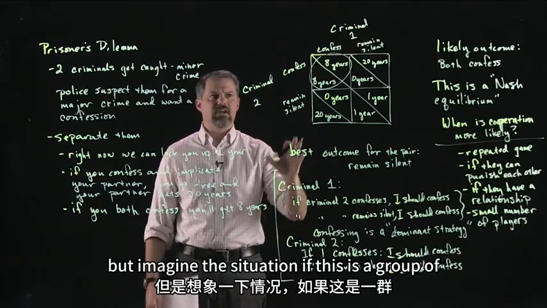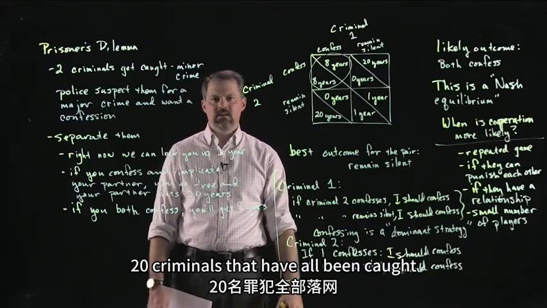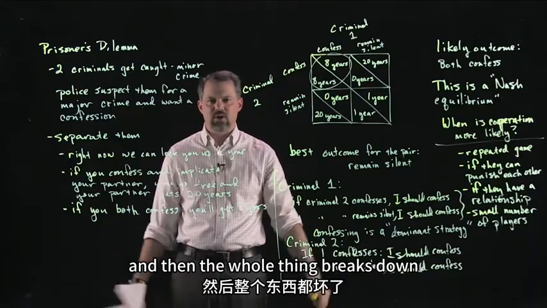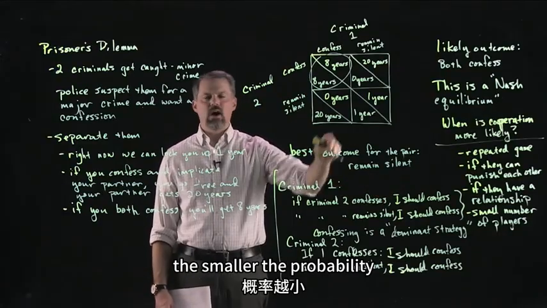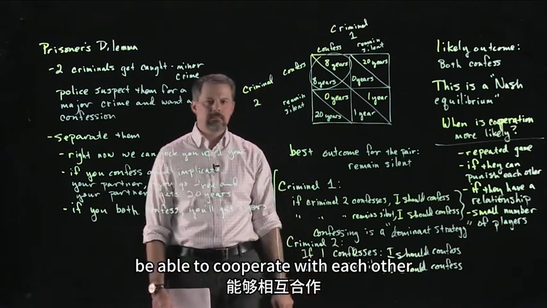But imagine the situation if this is a group of 20 criminals that have all been caught. All that it takes is one of them to confess, and then the whole thing breaks down. So the higher the number of players, the smaller the probability they will actually be able to cooperate with each other.